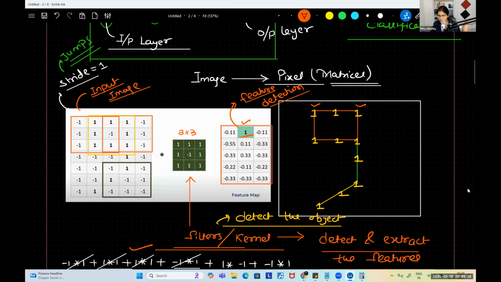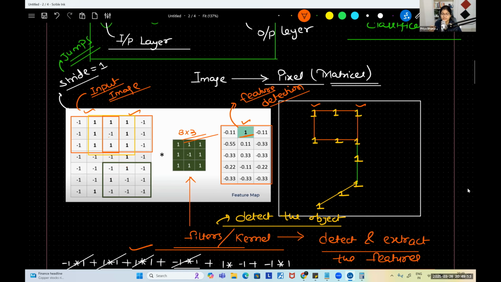Filter is a different story: a 3 cross 3 filter is available, which we have to map on the input. Stride means how many jumps you want to do in the input image to capture the feature part. By default, you are doing one by one mapping of filters. If you are doing 2, it means 2 jumps you will do to get the next input. That's it.